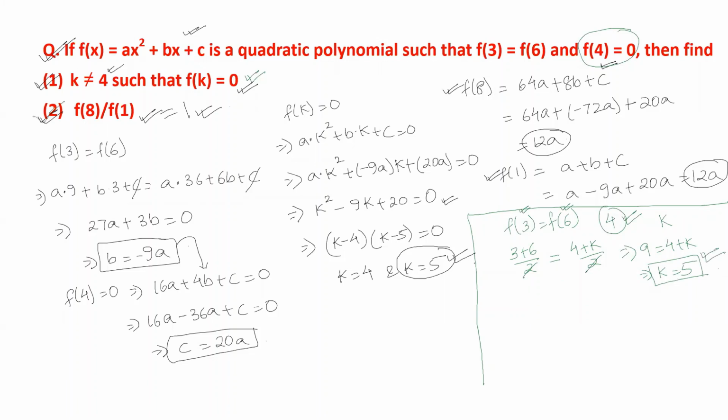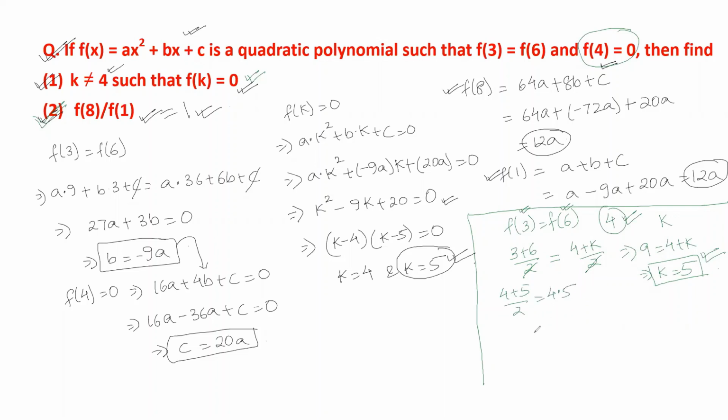Now, for the second part, that is to find the ratio f(8)/f(1), again, we can apply the same approach. That is, the midpoint of the roots would be the same as the midpoint of those values of x for which we are getting the same values of y. In this case, the midpoint of the roots would be simply (4 plus 5)/2, which is 9/2, that is 4.5.